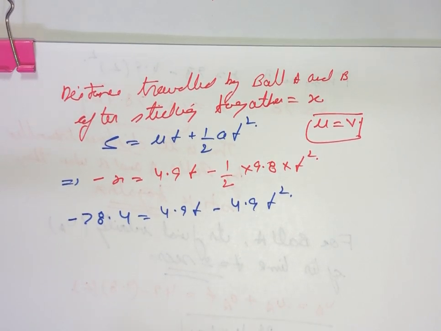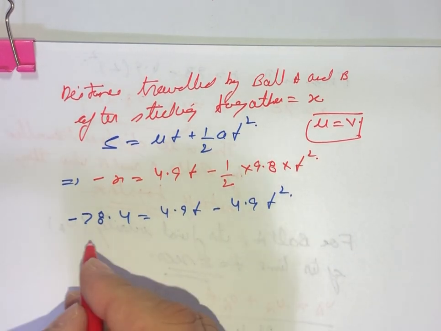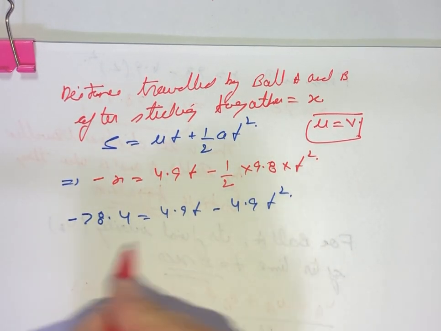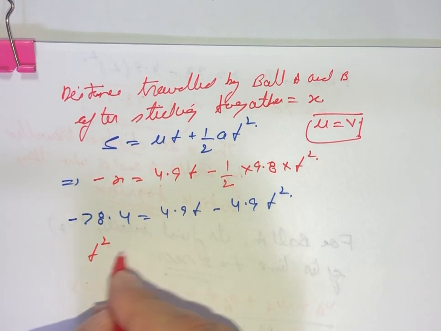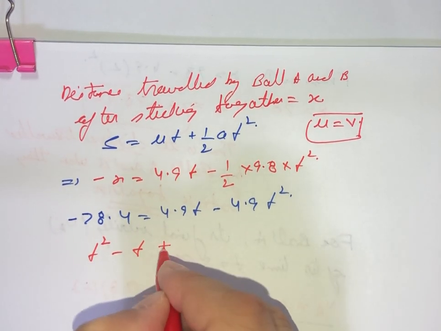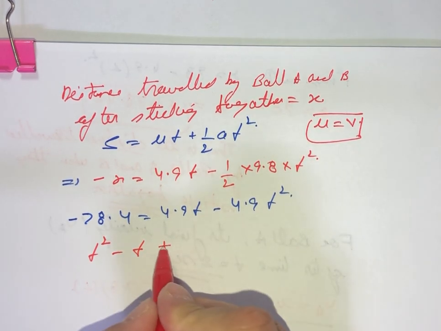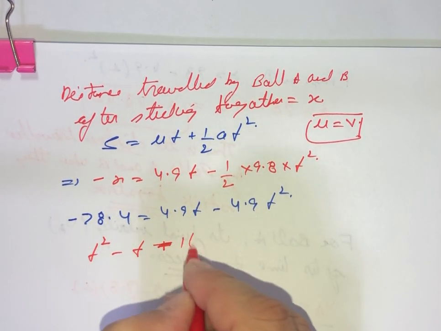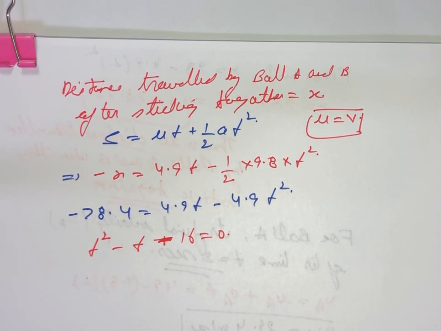So we can write this equation as, taking 4.9 as common, t square minus t minus 16 is equal to 0. And we can solve this quadratic.